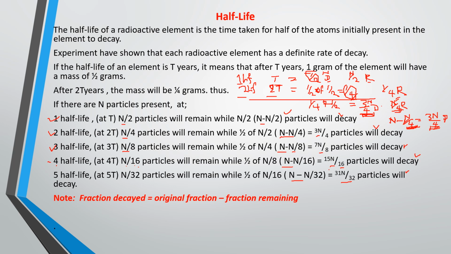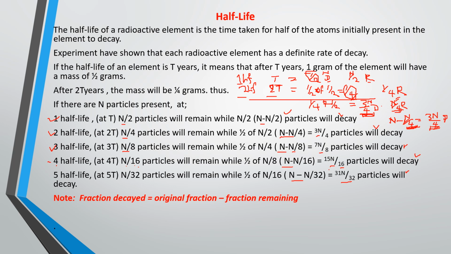Alright, but before we solve the problems, I'll give you a table where I have tried to summarize this information, and I will encourage you to just copy that table and put it in your notes, so that you can always refer to it. If you are given a question and they say, at 3 half-life, what amount of a substance will have decayed?